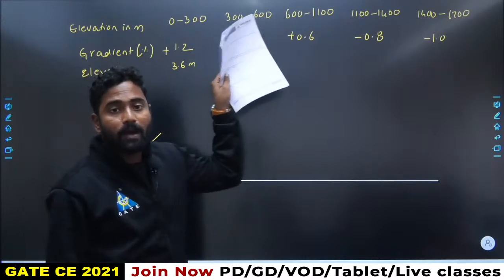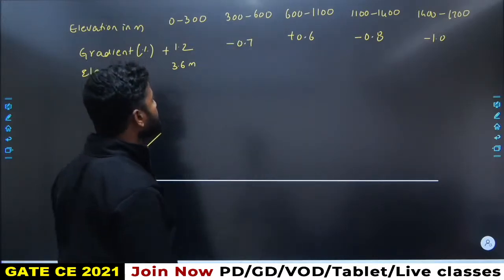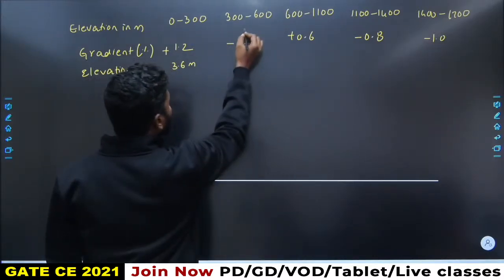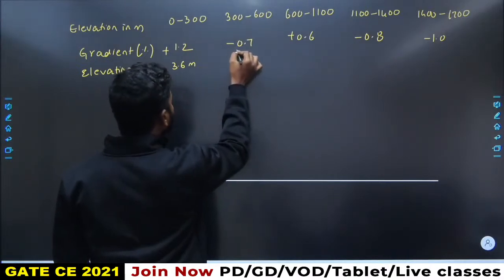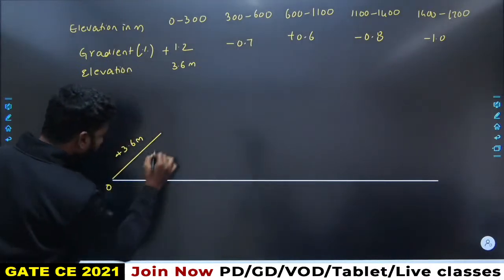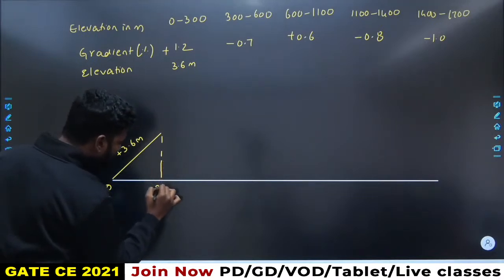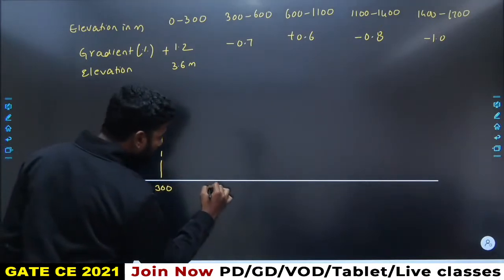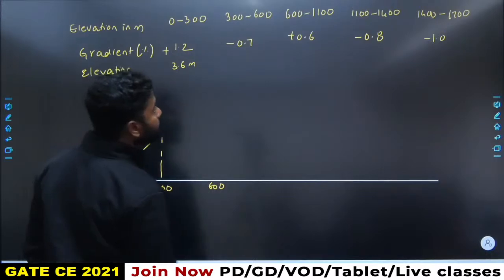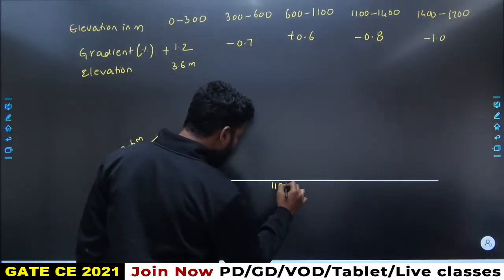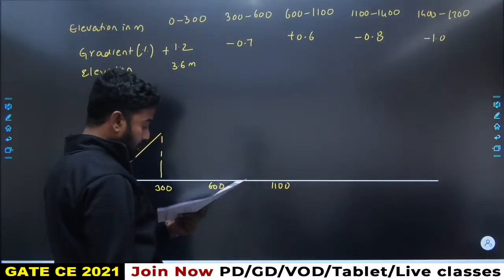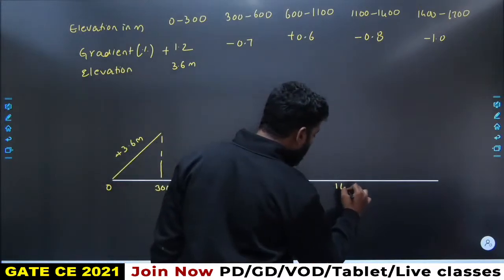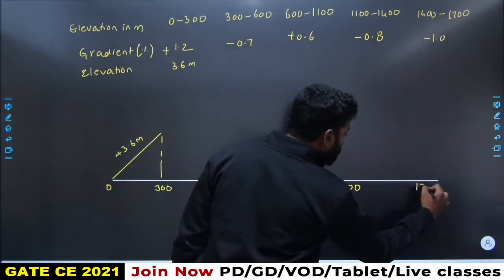Now they are saying minus 0.7%, from 300 to 600. So the elevation sections are 0 to 300, 300 to 600, 600 to 1100, 1100 to 1400, 1400 to 1700.